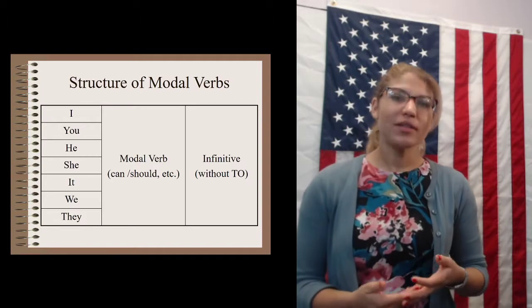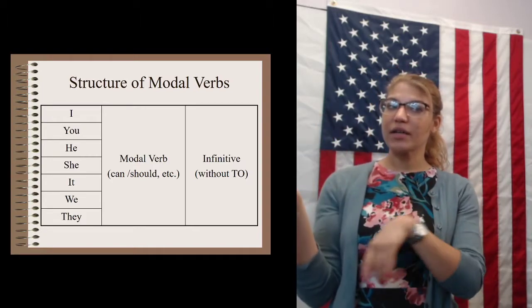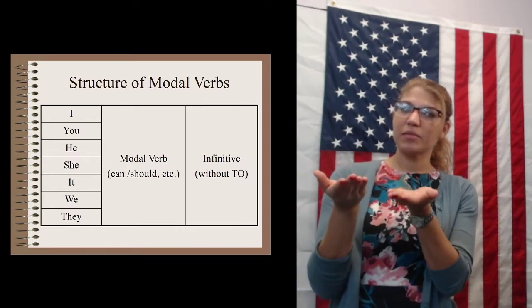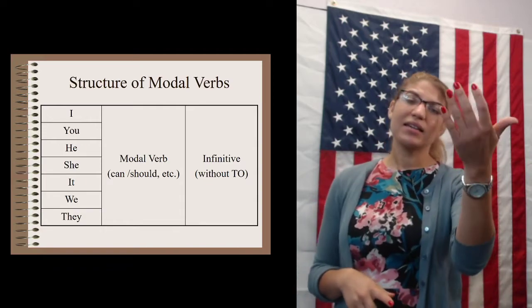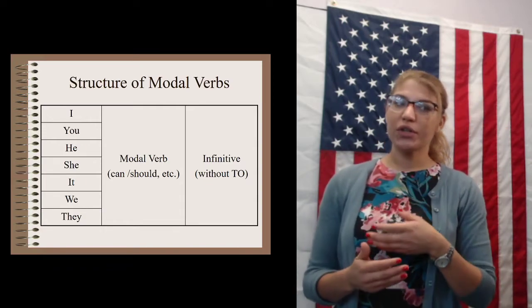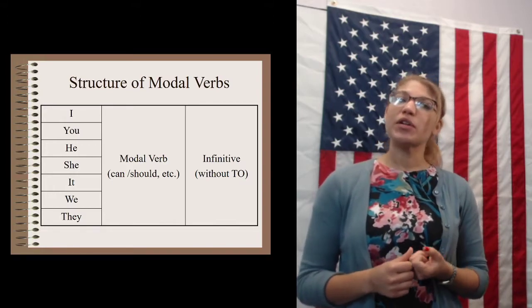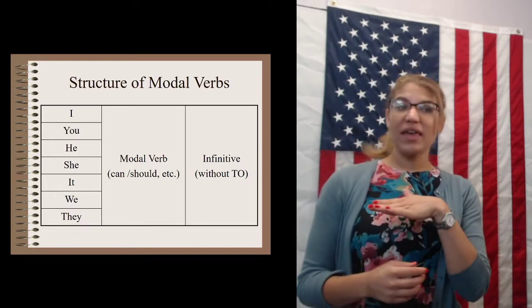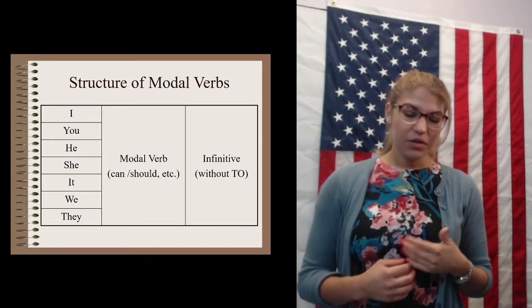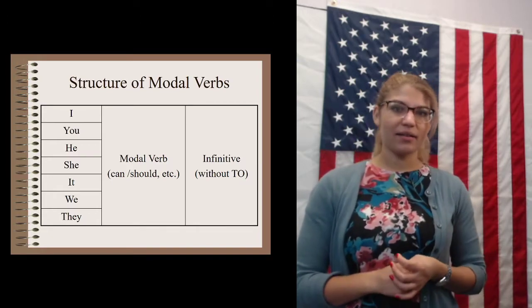After our subject, we will put our modal verb. Our modal verb can be words like can or should, etc. And then after, we put our infinitive or our basic verb without the to. So for example, I think we have some examples in the next slide.